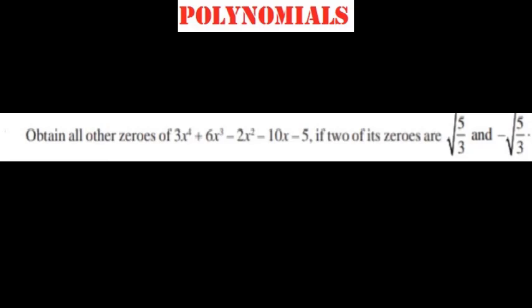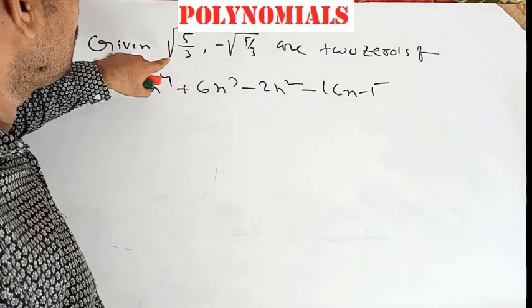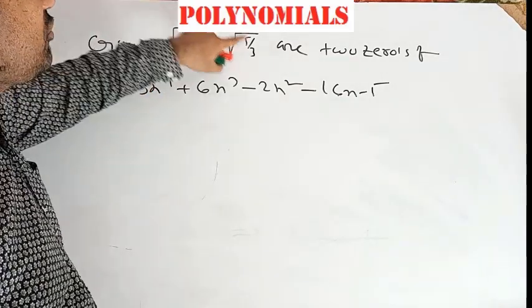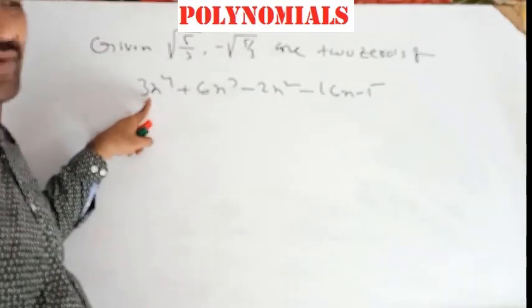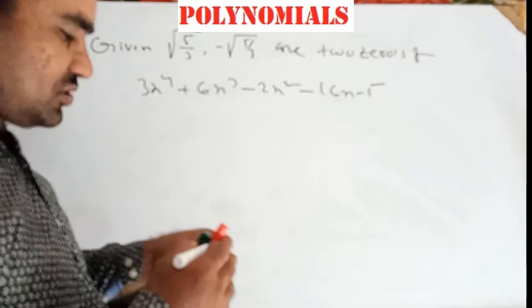Obtain all other zeros of 3x power 4 plus 6x cube minus 2x square minus 10x minus 5 if two of its zeros are root over 5 by 3 and minus root over 5 by 3. Given that root over 5 by 3 and minus root over 5 by 3 are two zeros of this fourth degree polynomial, we need to find the remaining zeros.